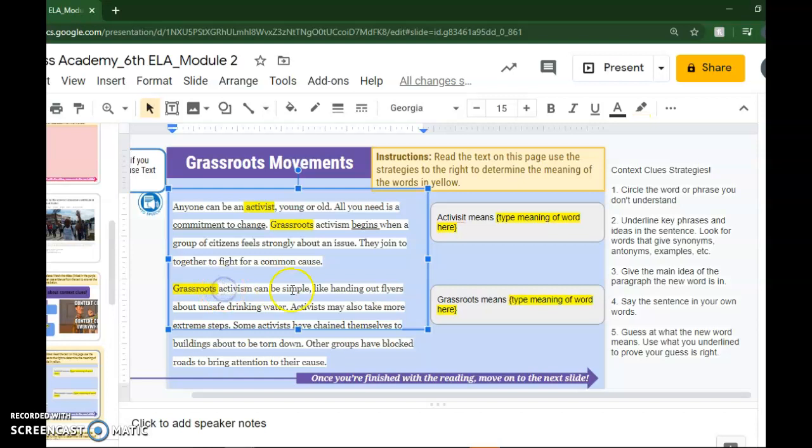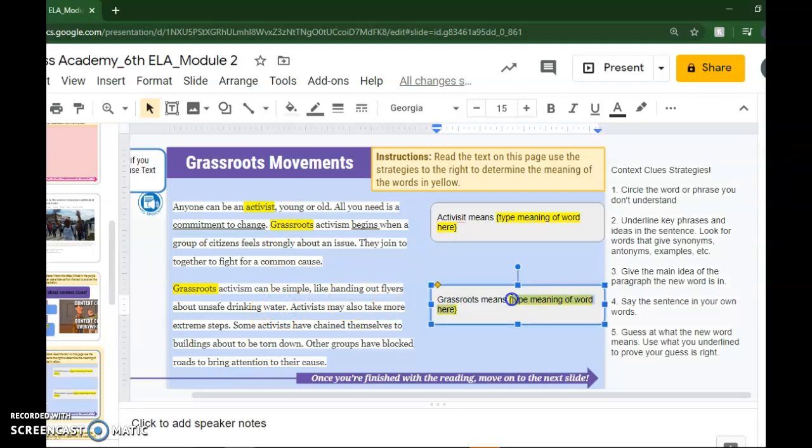Grassroots activism can be simple, like handing out flyers about unsafe drinking water. That sounds like the beginning of a movement. So I'm going to type in here, grassroots means the beginning of a movement. Now it might just mean the beginning, but here it seems like that would make sense based on the context clues that I see in this paragraph.